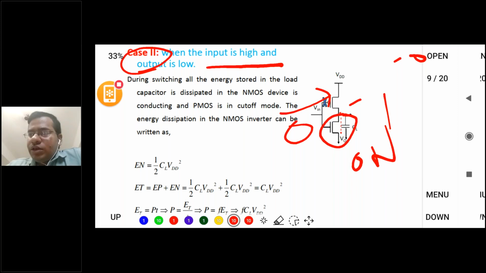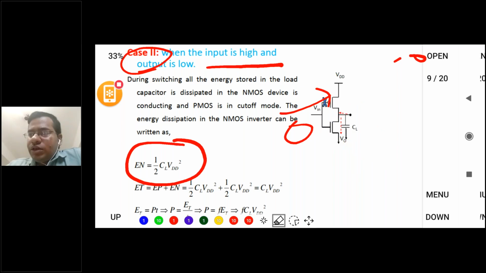If the transistor is in the switching state, that means energy dissipation is half CL VDD square. CL is what you are using in the output node. This is the CL value, a load capacitor. That is a very important thing.